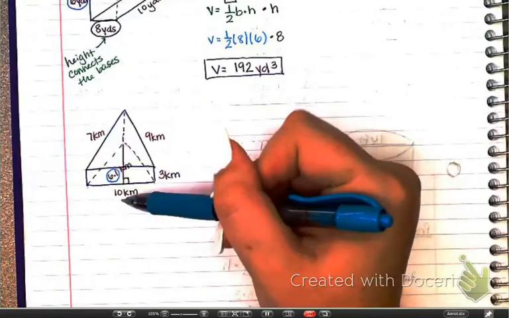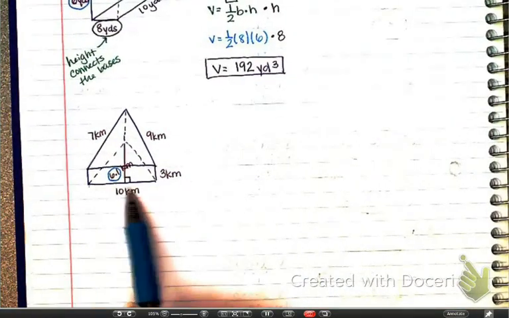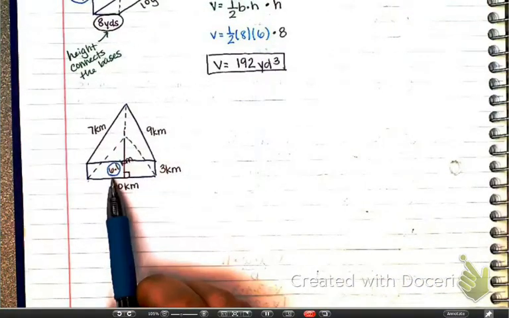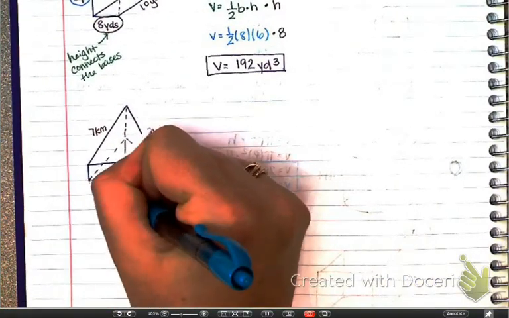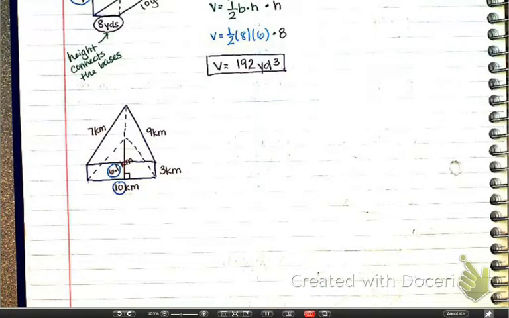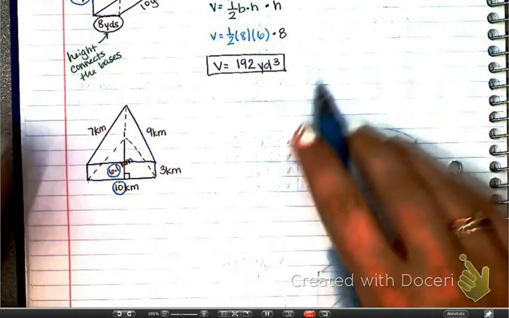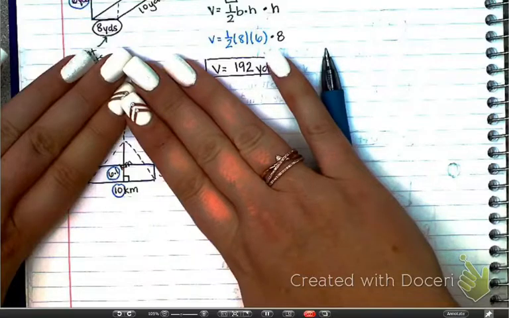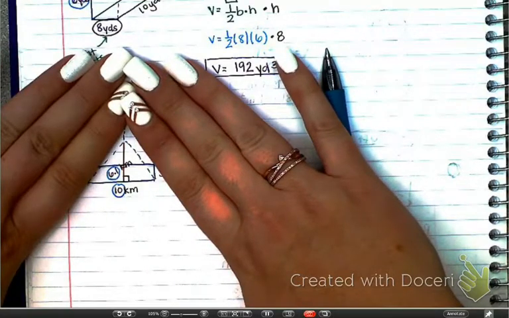It's the height of the triangle because it connects to the base and creates a 90-degree angle, which means 6.1 is my height and 10 is my base. That is for the triangle only. If I ignore everything else, do you see the triangle with the right angle? So you have the base and the height.